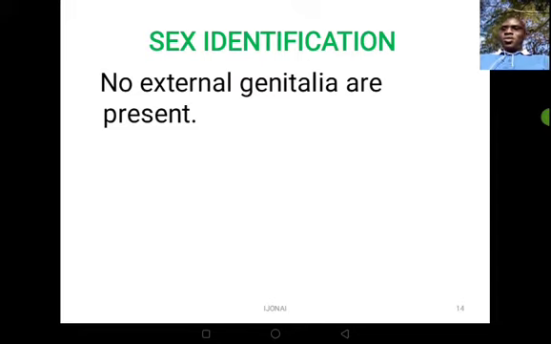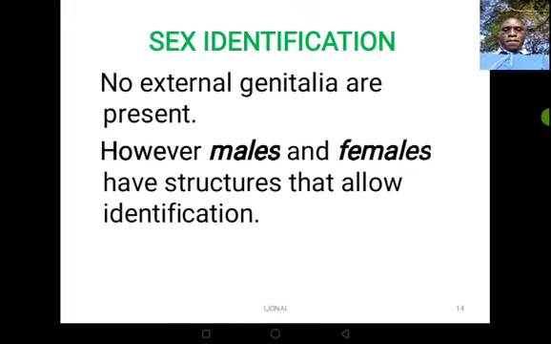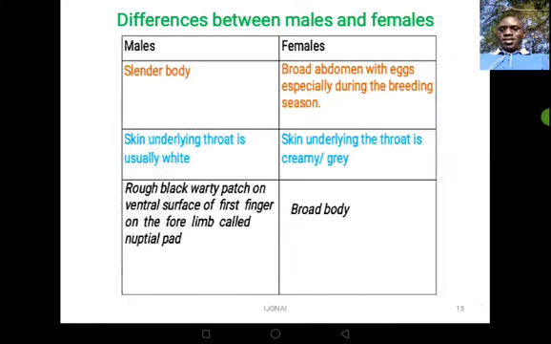They don't have genital organs or reproductive organs that are visible from the external surface. They don't have them. However, the males and females have structures that allow identification. So still, even if there are no external genitalia, you can still identify them using some other features.